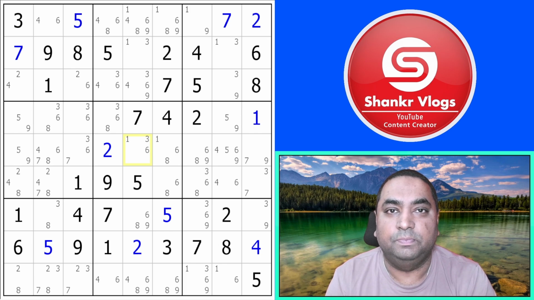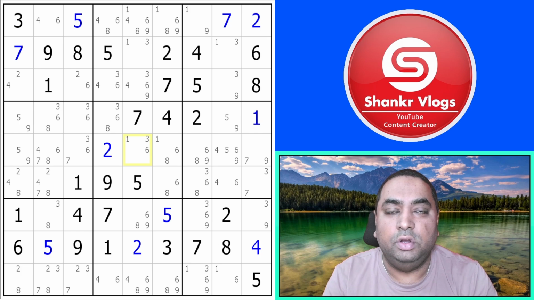After finding a unique rectangle, we can eliminate candidates depending on which type of unique rectangle it is.